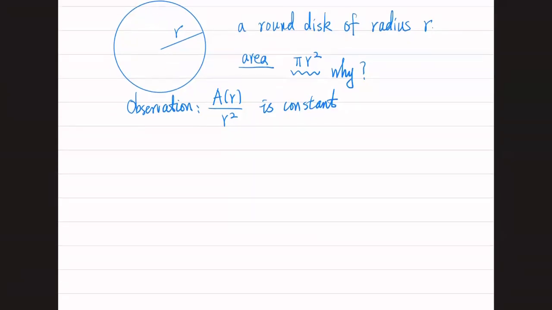And we want to check if this ratio is the same pi we had before.